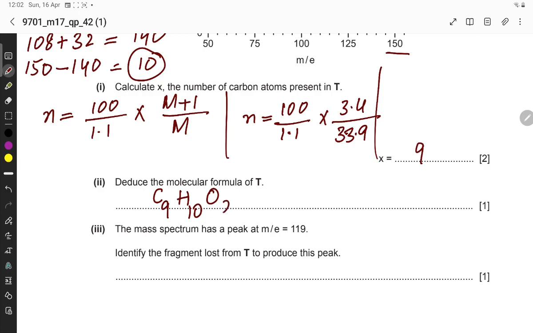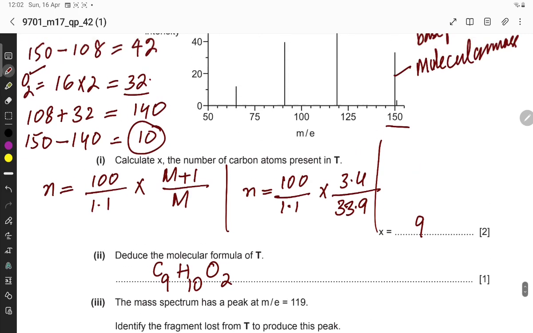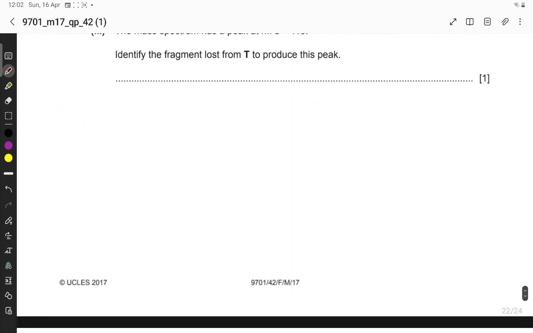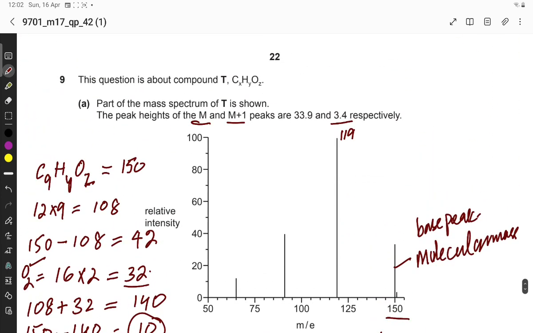The mass spectrum has a peak at mass over charge ratio 119. Identify the fragment lost from T to produce this peak. So this is the peak at 119. If there is a peak at 119, it means that some fragment is lost from this whole molecule.